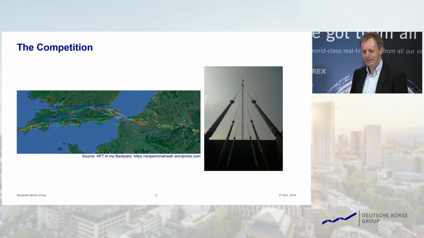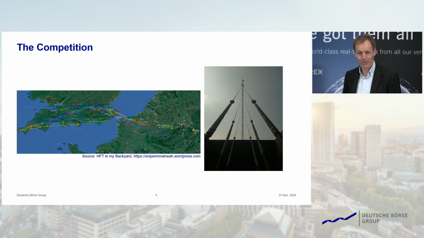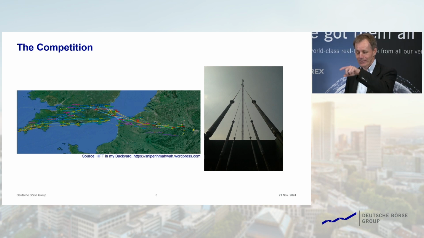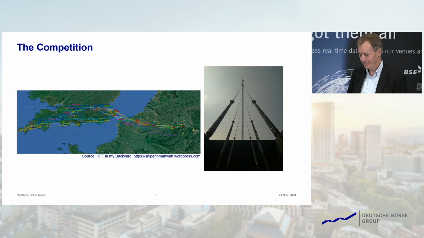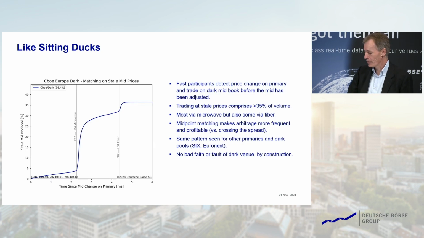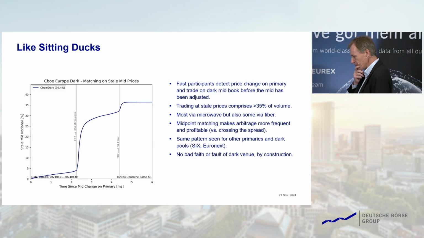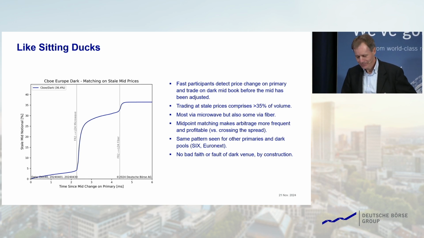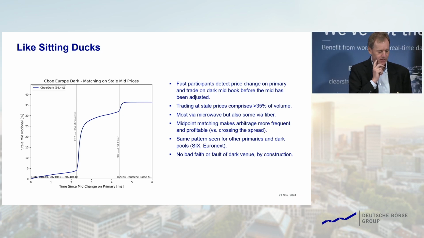And then even in the microwave lines, there's a lot of competition on who can build them in the straight line of sight without bouncing back and forth. And what this gives you is about a 2 millisecond or so speed advantage.